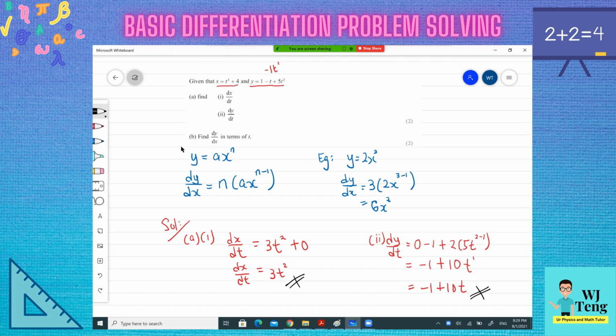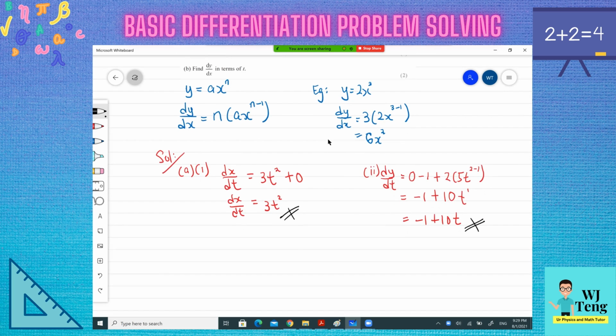In the next part, they ask us to find out what is dy dx in terms of t. So dy dx, in order to solve it in terms of t, let's take a look at what we had in the first part. We have dx dt. We have the term of dy dt. This means that we have to express dy dx in the form of dx dt and dy dt.